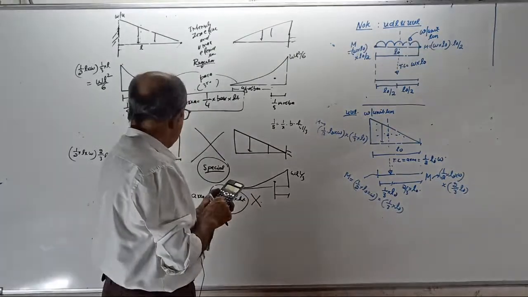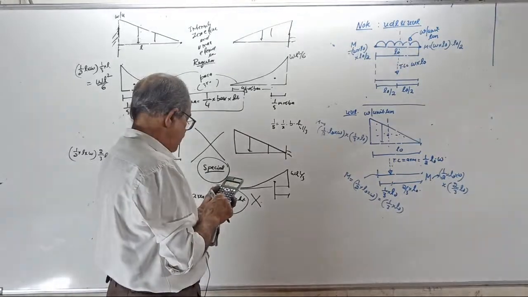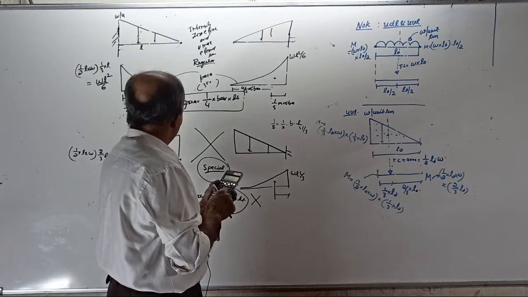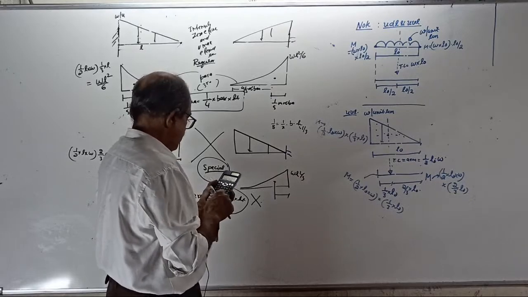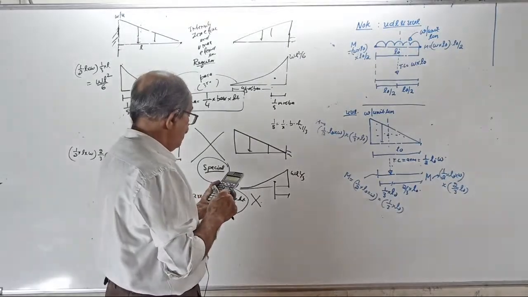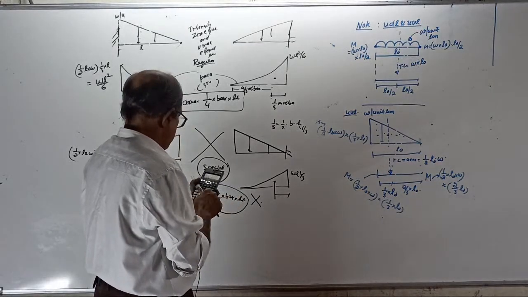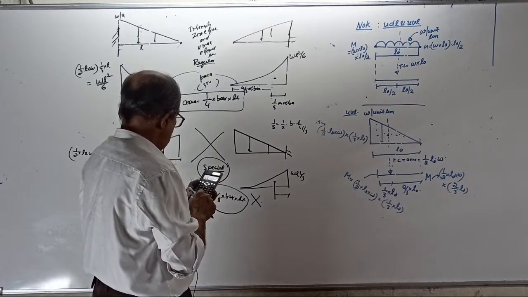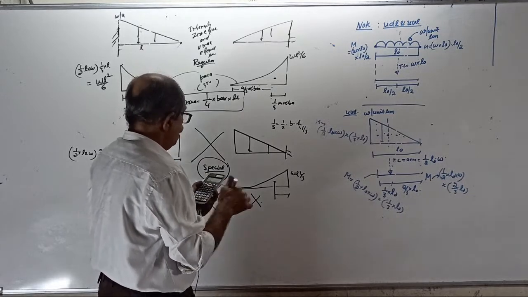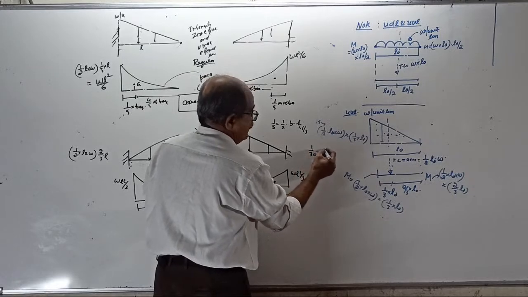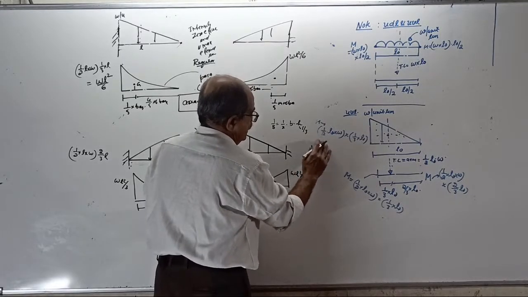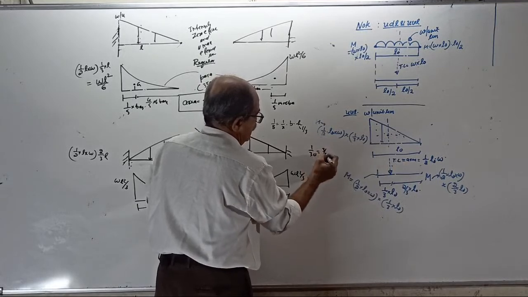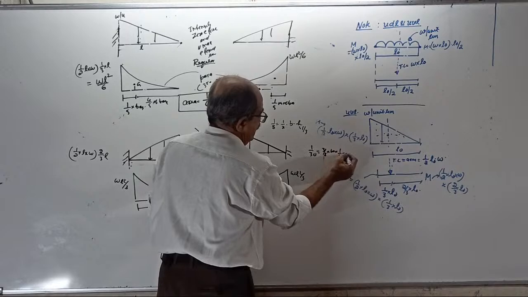The deflection is: 1 by 4 into base 1 into height 1 by 3 into 4 by 5 is 1 by 30. 1 by 30 is half CG, equal to 3 by 8 base into height, 1 by 3 into x bar.